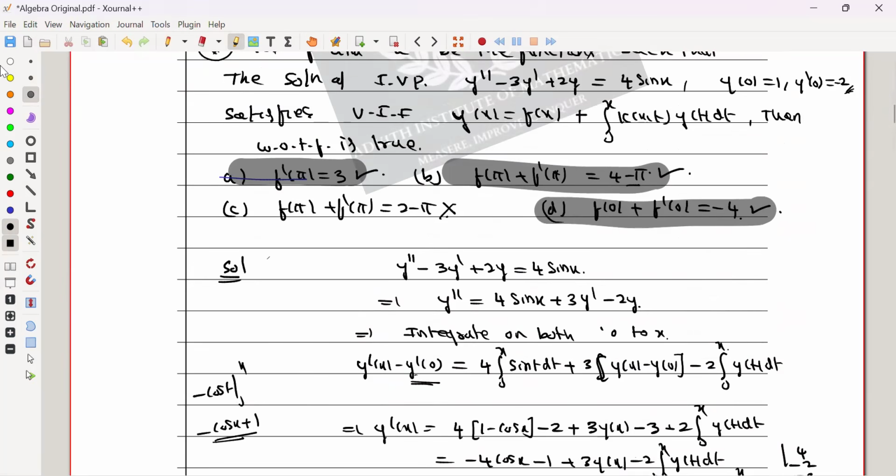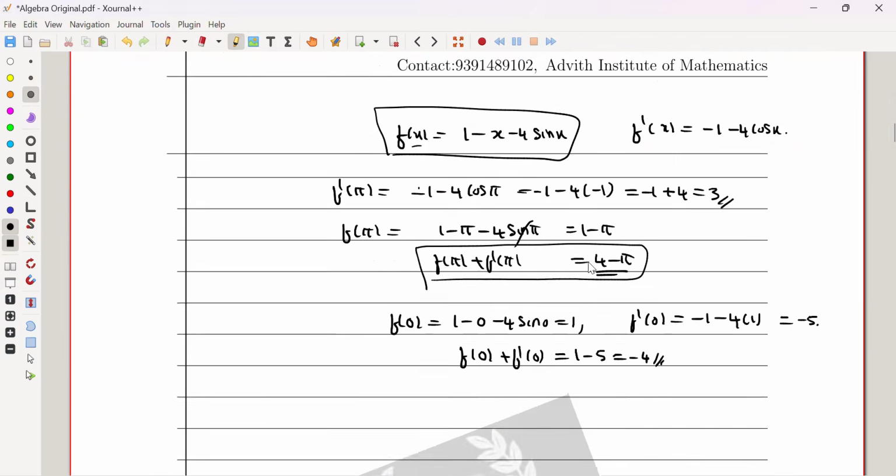Right? Next one. Same integral equation.